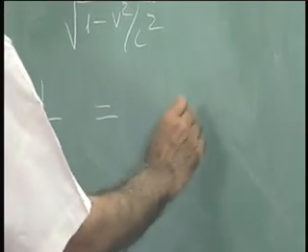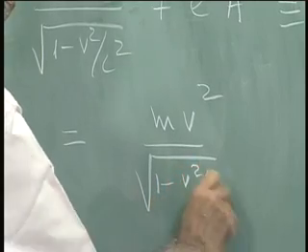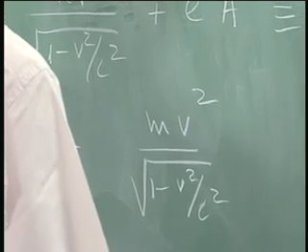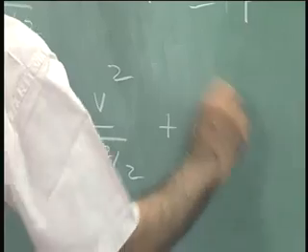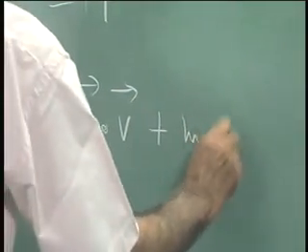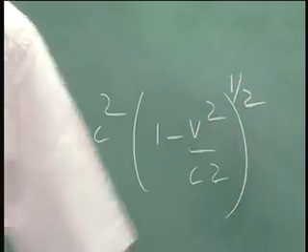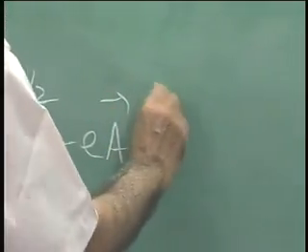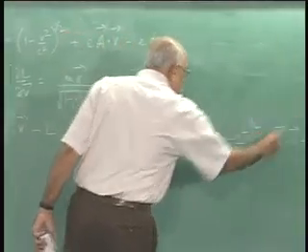P dot V, so that is mV squared over square root 1 minus, for the moment let me retain the V dependence here, P dot, so that is V plus eA dot V minus L, and that is plus mc squared 1 minus V squared by c squared to the power half minus eA dot V plus e phi, and of course this term cancels out, which is the whole reason for doing this.